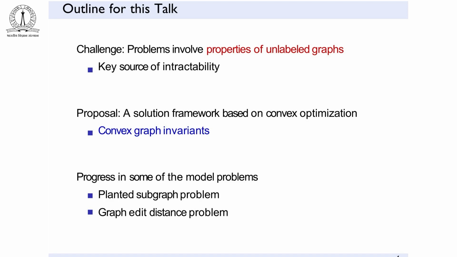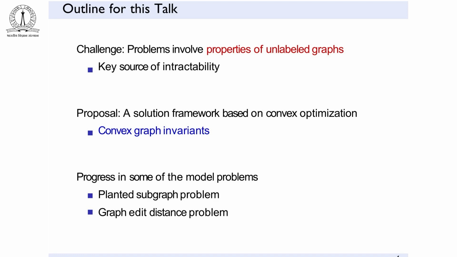And so the proposal today will be a solution framework based on continuous optimization, in particular convex optimization. And we'll define this notion called a convex graph invariant. A graph invariant is a property or parameter associated to a graph that does not depend on the labeling of the vertices.